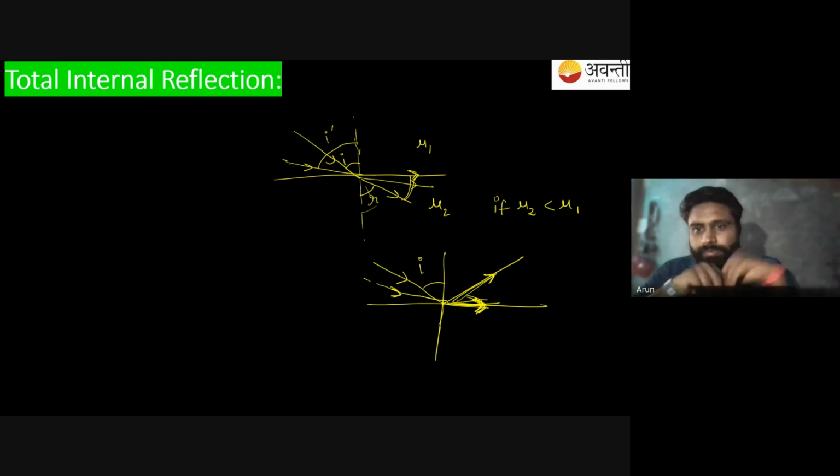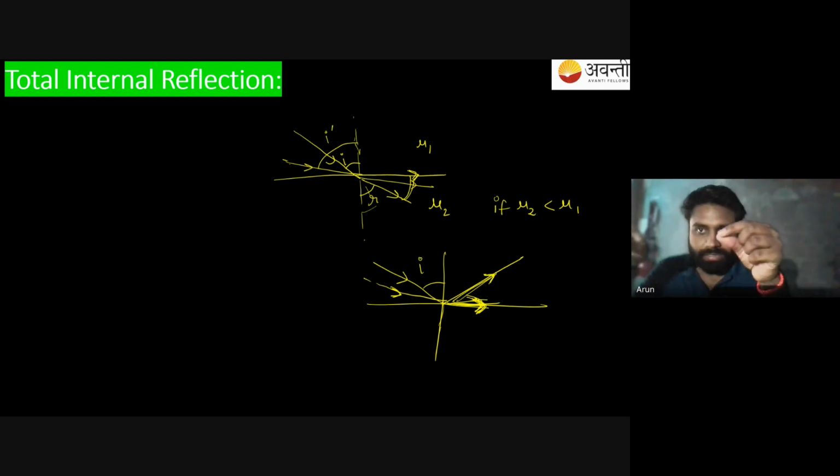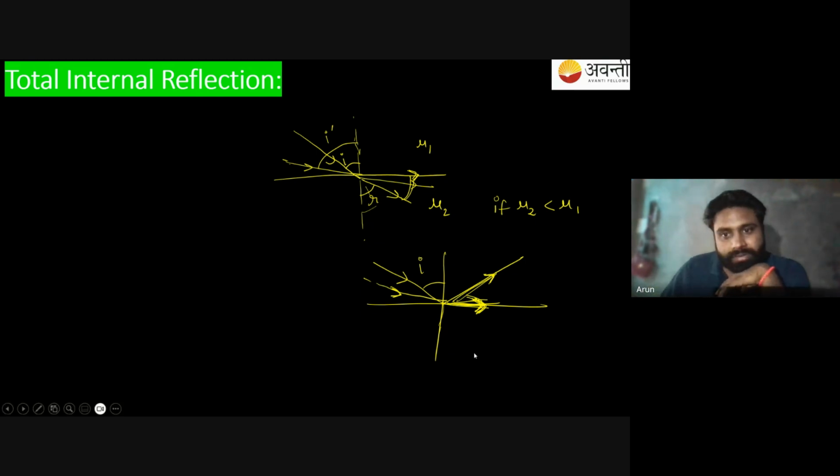If you do not increase the angle, the ray gets refracted, but if you increase the angle of incidence, instead of going into the medium, it gets reflected. That is why it is termed total internal reflection. Got it?